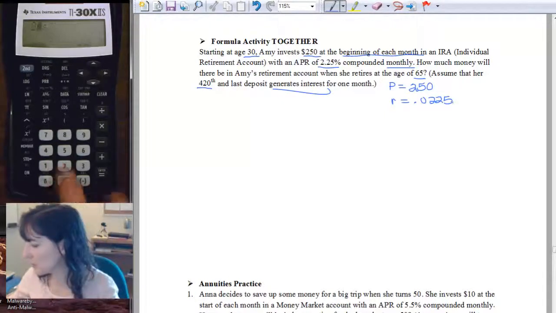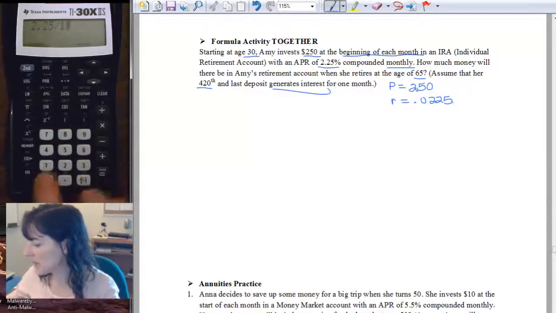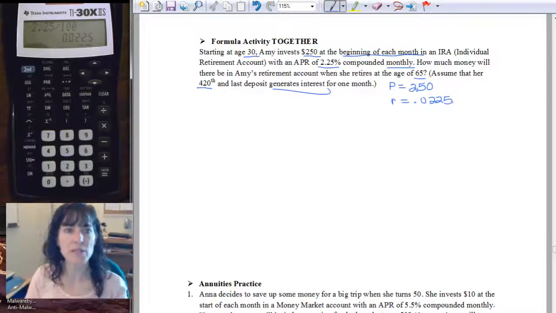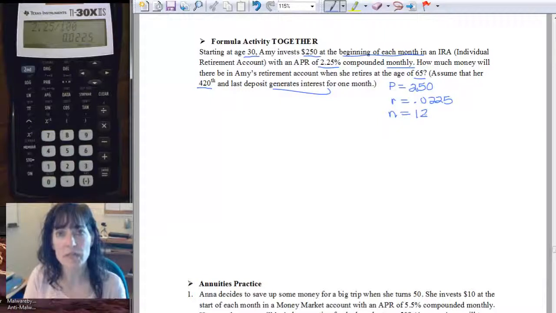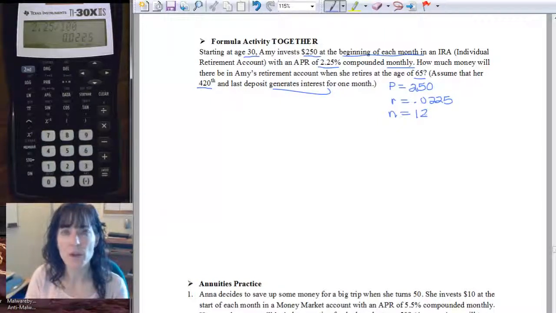Remember, you can do 2.25 divided by 100 if you're not sure about those decimals yet, and 0.0225 for her rate. Compounded monthly, that is telling me that the N is 12 because there are 12 months in a year. So every month, every 12 times a year, she'll have her interest compounded.